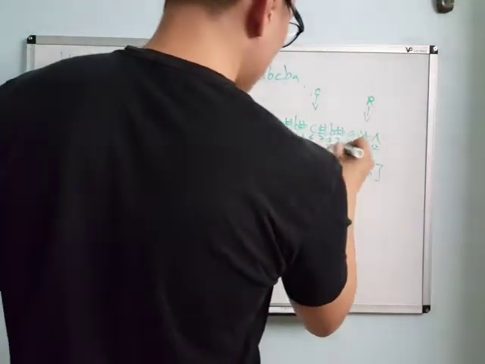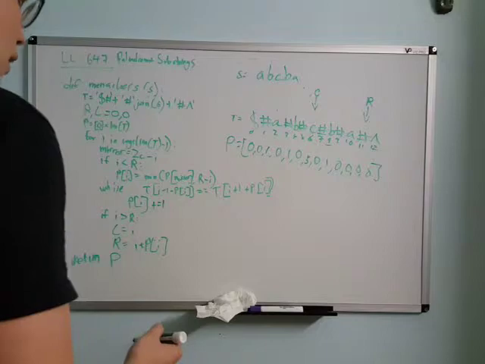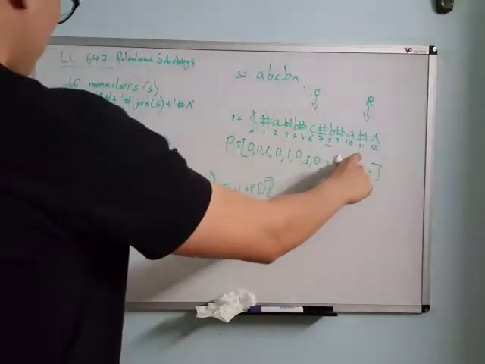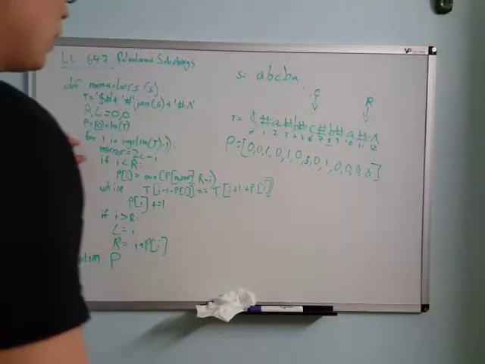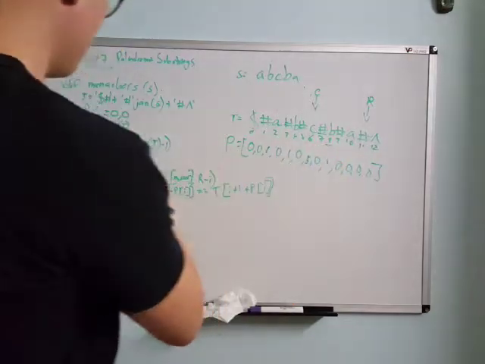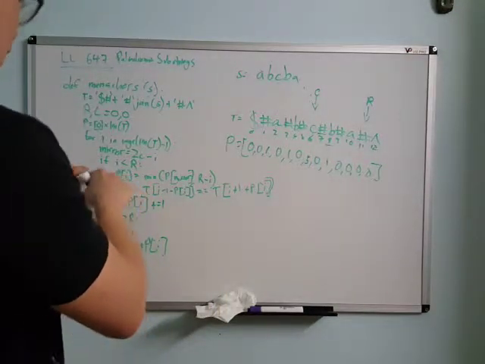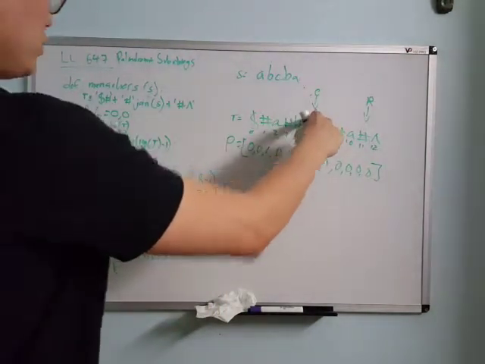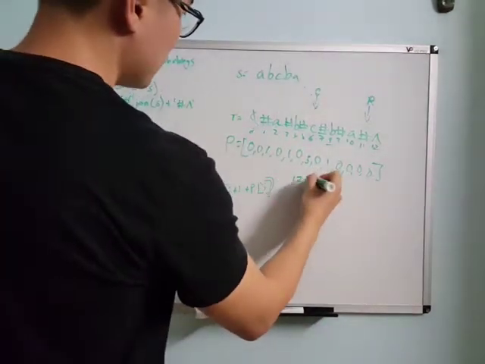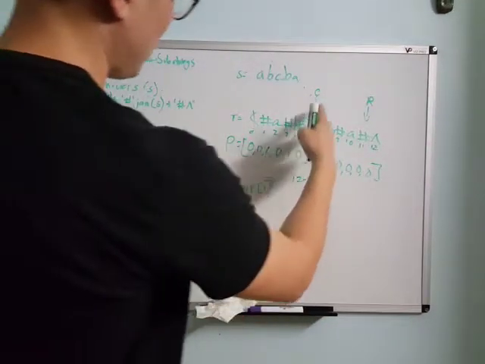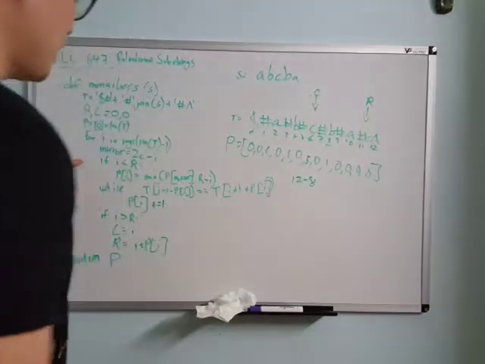So for index 8, yeah, and I is not greater than R until here, so we don't really have to look at that. But when we're at this, it's always going to be less than R. So the mirror is going to be 2C, which is always going to be 12 minus 8, which gives us that. So yeah, that makes sense. Why that's the mirror.